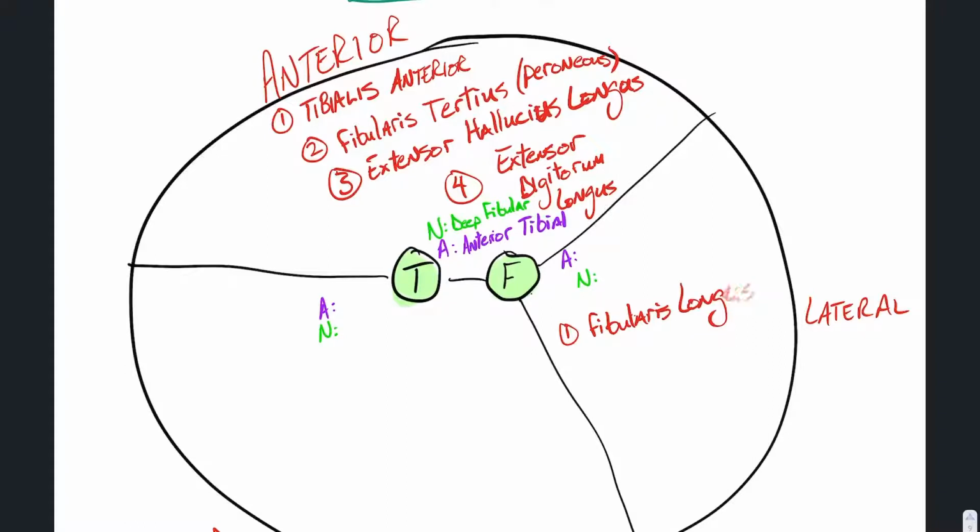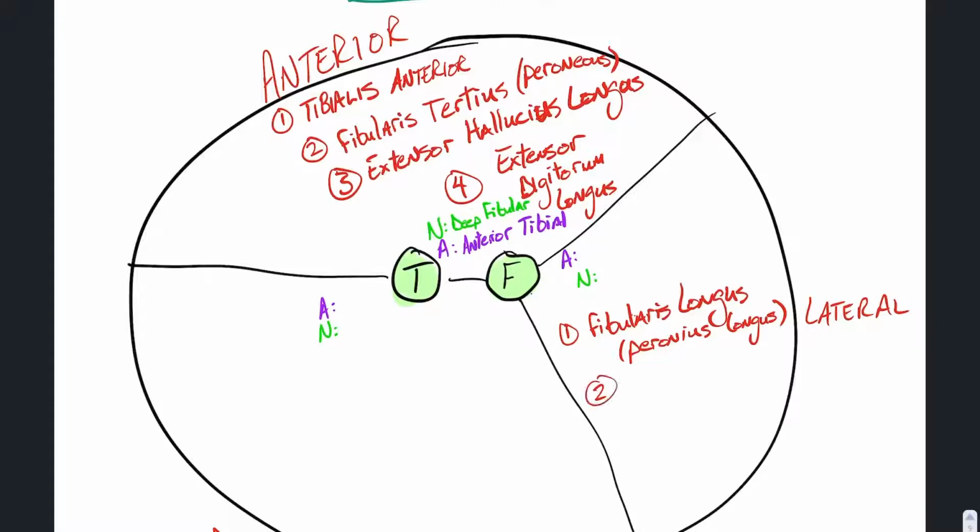That looks terrible. I'm going to rewrite it. This is also known as the peroneus, P-E-R-O-N-E-U-S, longus. So we have a peroneus longus, and what else?